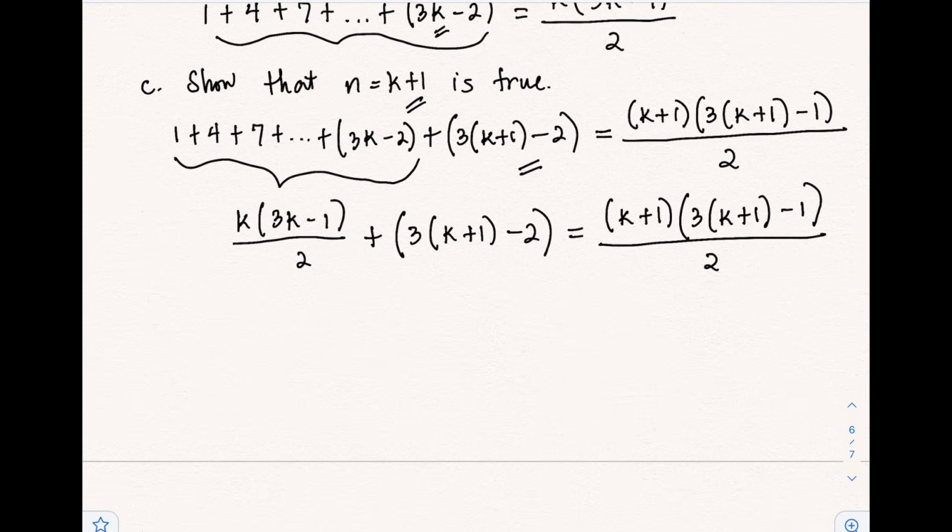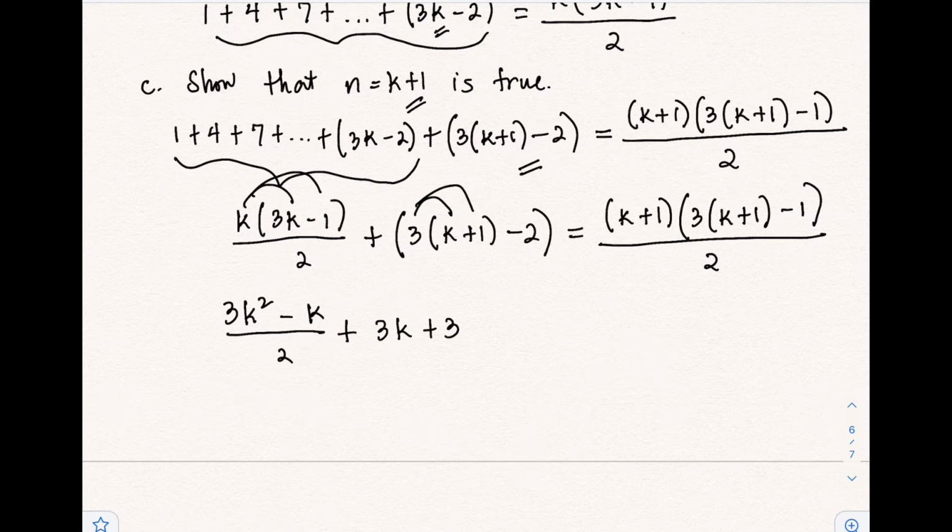Una, distribute muna natin yung ating k. So, that is 3k square minus k all over 2 plus distribute natin yung 3. So, that is 3k plus 3 then minus 2 equals, we have k plus 1 times, distribute natin yung 3 dun sa ating k plus 1.